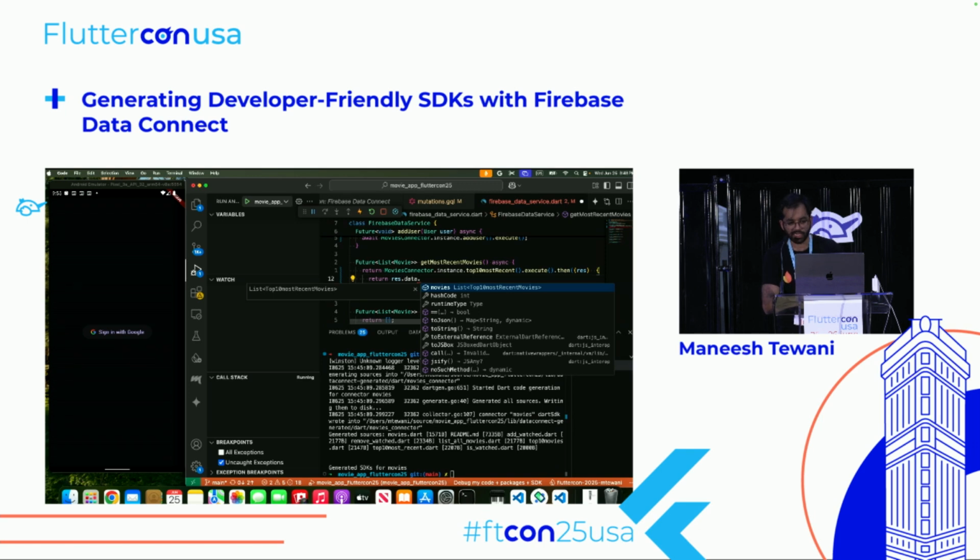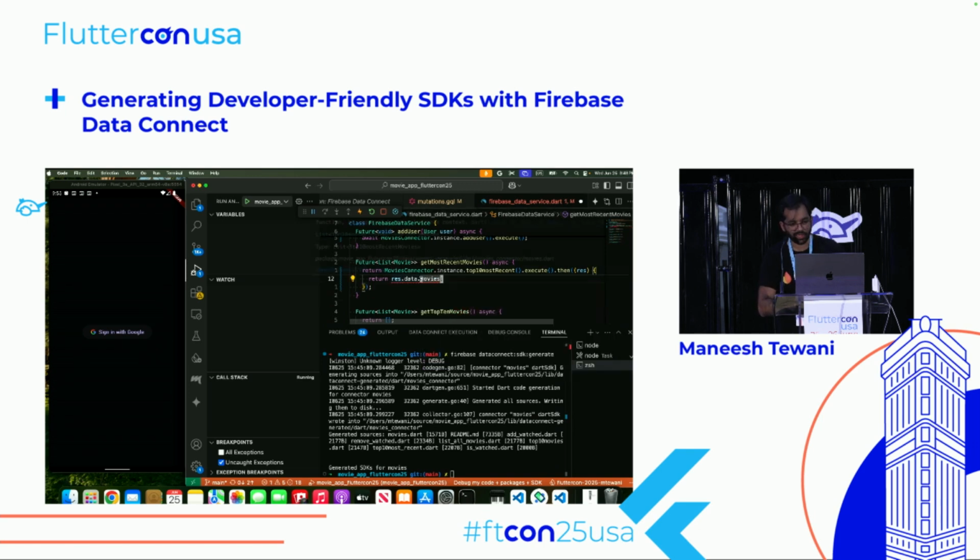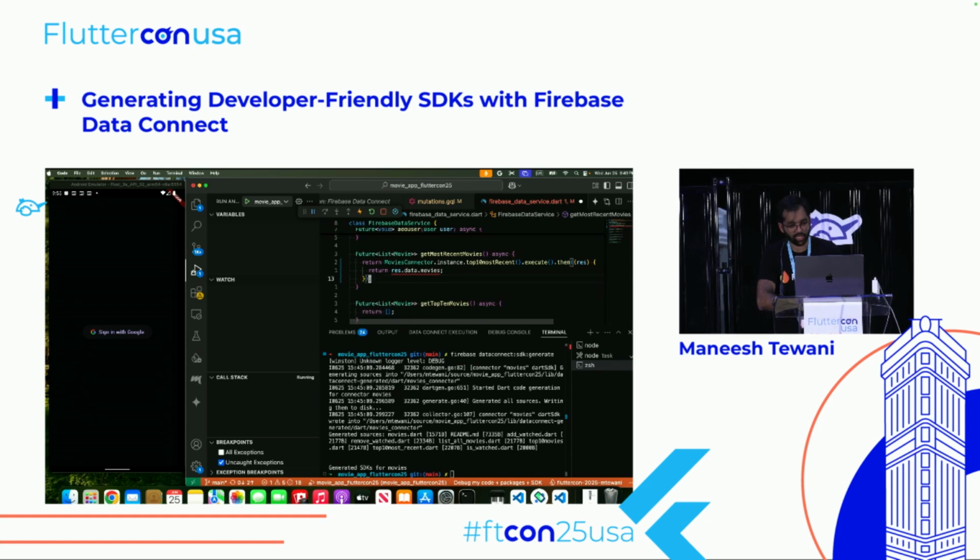So if you do res.data.movies and then just return that, well, it looks like we're not able to return the same type here. So all we need to do is translate the top 10 movies that were generated for us into the view model that our application needs. That's pretty easy.